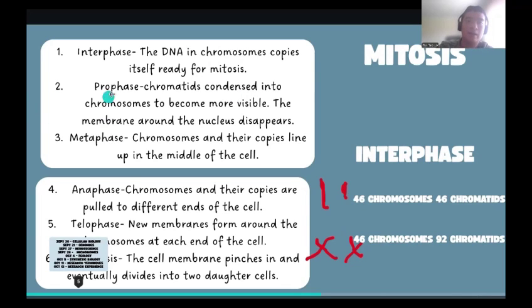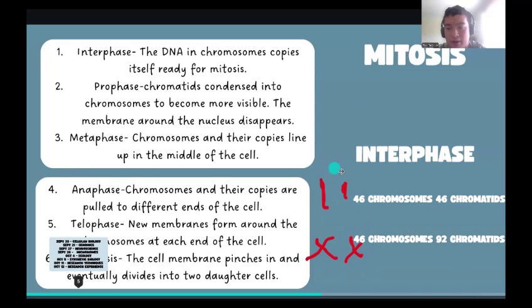Prophase: chromatids condense into chromosomes to become more visible. The membrane around the nucleus, also called the nuclear envelope, disappears. A chromosome is the whole structure of the DNA, and a chromatid is basically the identical half of the chromosome.